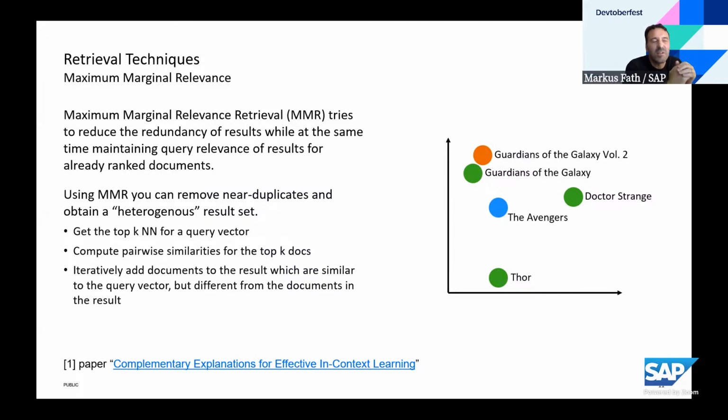You'll also find Guardians of the Galaxy Volume 2, which you probably might not want to have in your result set. So this retrieval technique checks the k-nearest neighbors by comparing them pairwise and removing the near duplicates, or only yielding the results that are most different from each other.